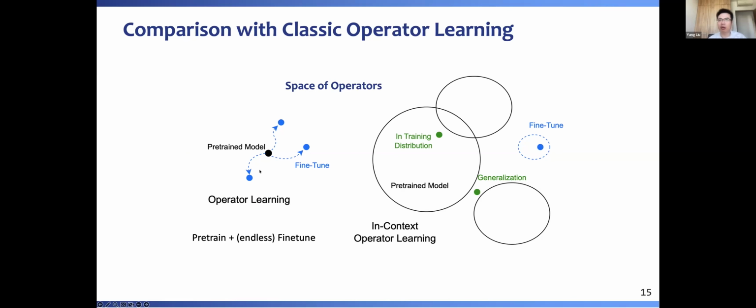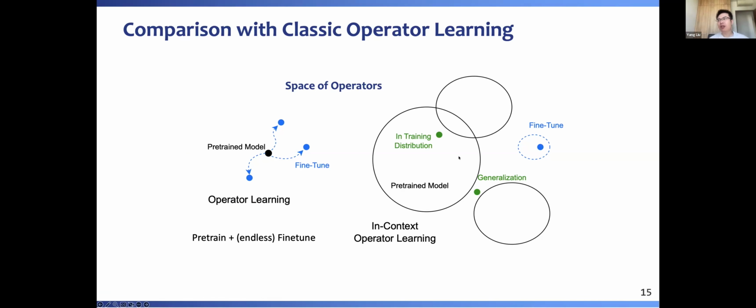In classic operator learning, we train one model to approximate one operator, and then we fine tune it to approximate the neighboring ones. But this fine tuning is endless. Also, when you fine tune the model to process this new one, it basically forgets the previous one. So this is always trying to approximate 1 point in this space of operators.